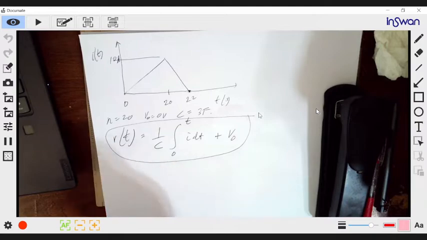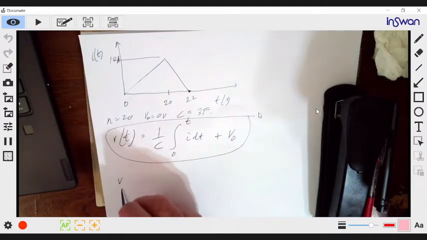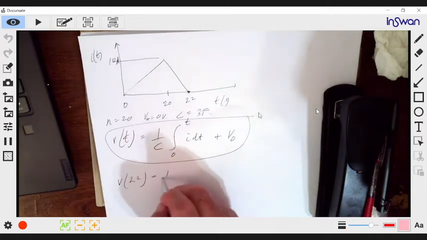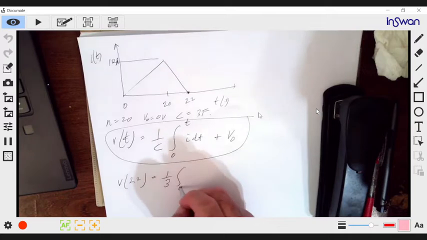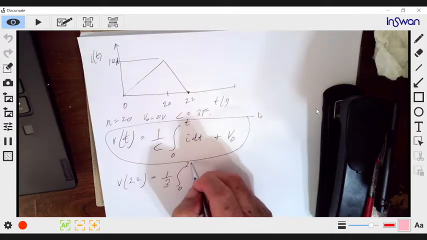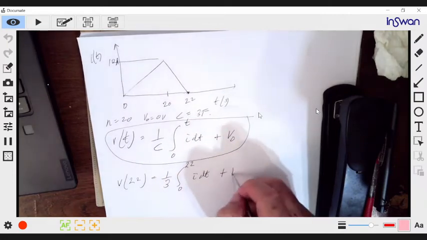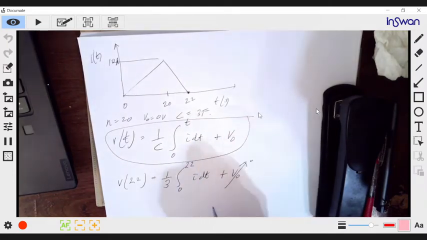Now, I asked you to find V of 22 in this example. V of 22 equals 1 over 3, integral from 0 to 22, i dt, plus V0. V0 is 0.